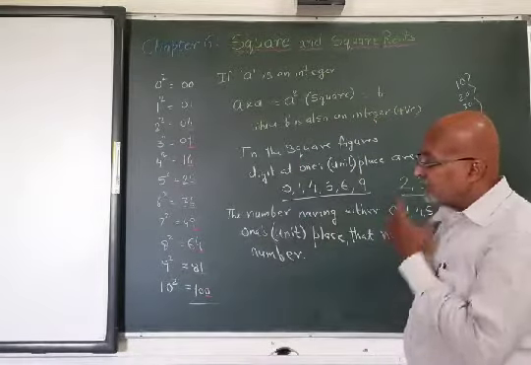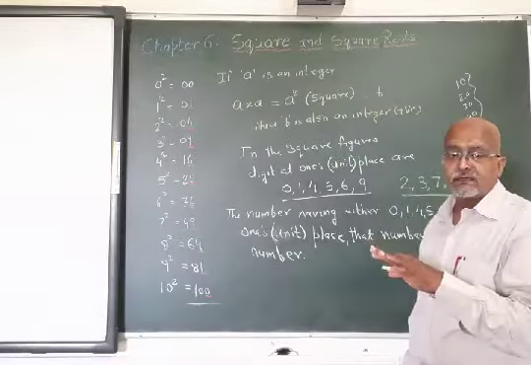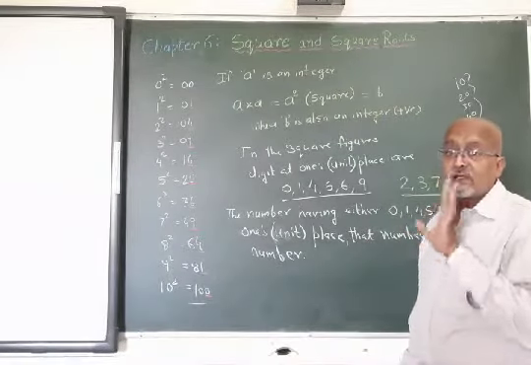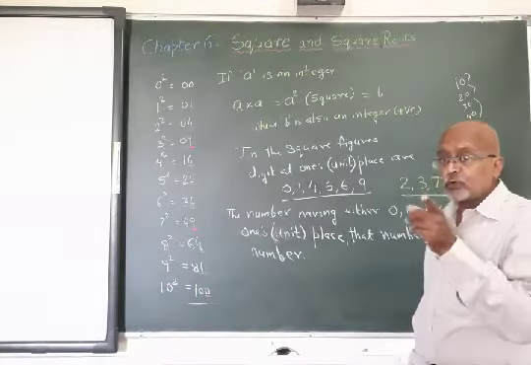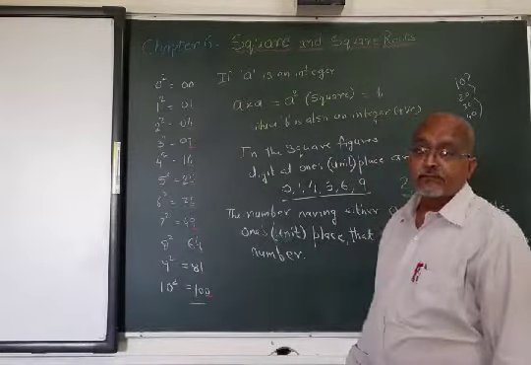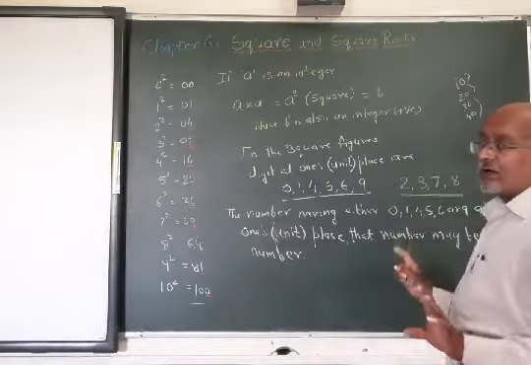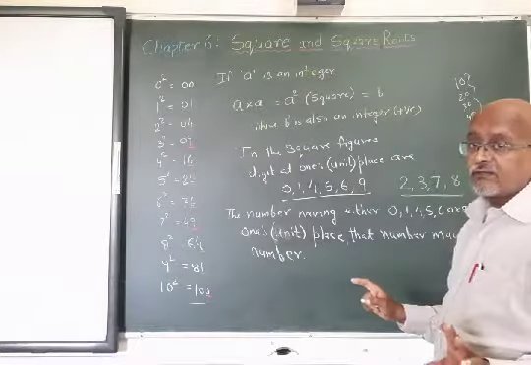Before 100, up to 90: 10, 20, 30, 40, 50, 60, 70, 80, 90, these all are non-square numbers, though 0 is there at the unit place.